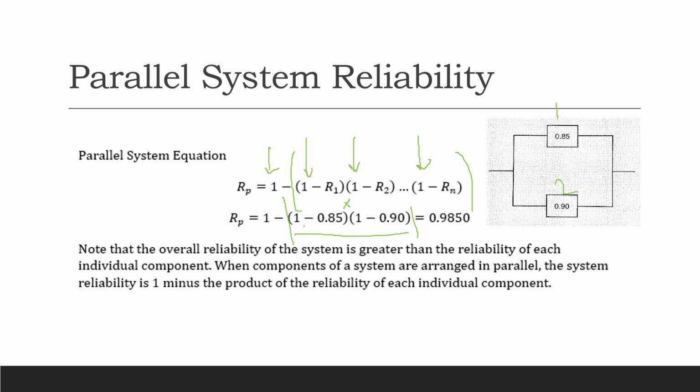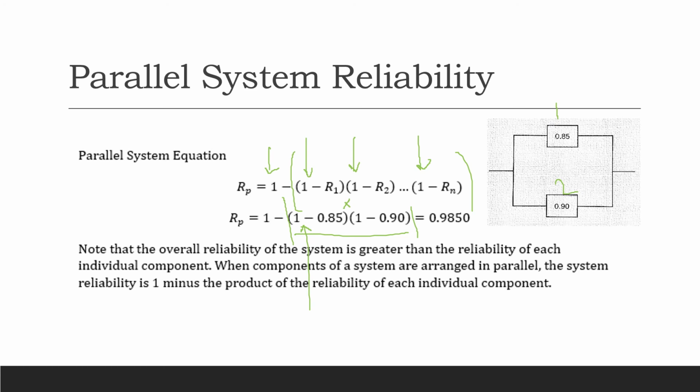Students usually forget the formula has 1 minus 0.85 in it. It's very confusing for some of them, but don't forget that the formula is 1 minus R1, 1 minus R2, and then multiply, and then take it off from 1.